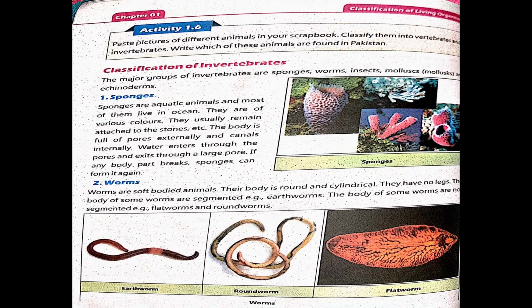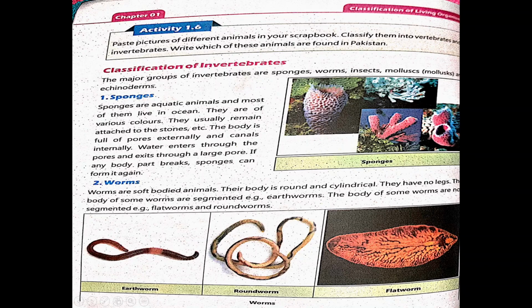They usually remain attached to the stones, etc. The body is full of pores externally and canals internally. Water enters through the pores and exits through a large pore. If any body part breaks, sponges can form it again.